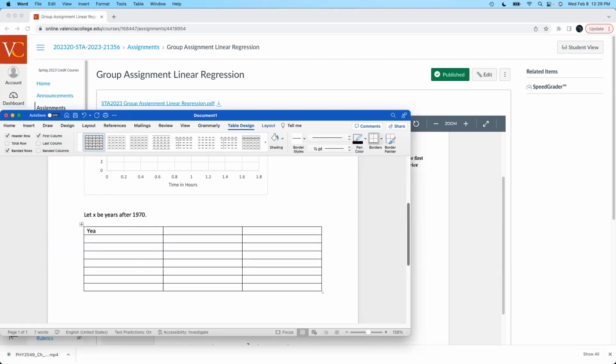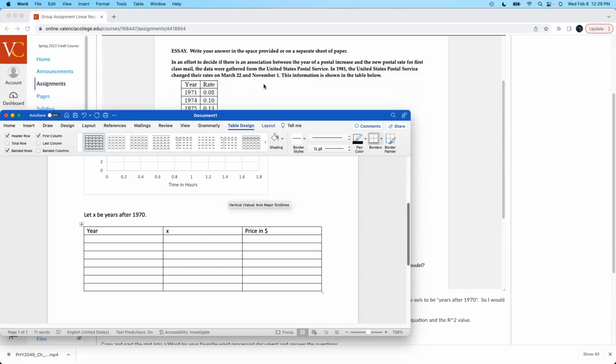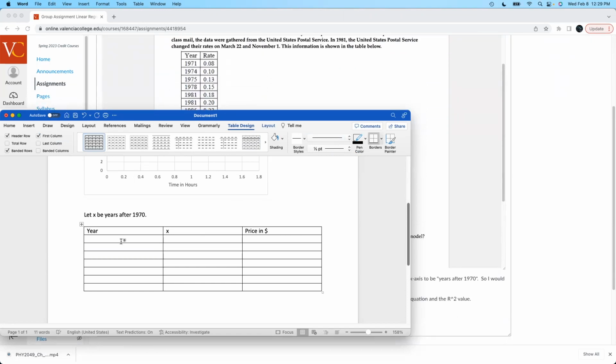So this would be year, this would be X, and this will be price in dollars. So that first year they gave me there, 1971, would correspond to how many years after 1970? That's 1 year after 1970. And then this is 0.08, 0.08.